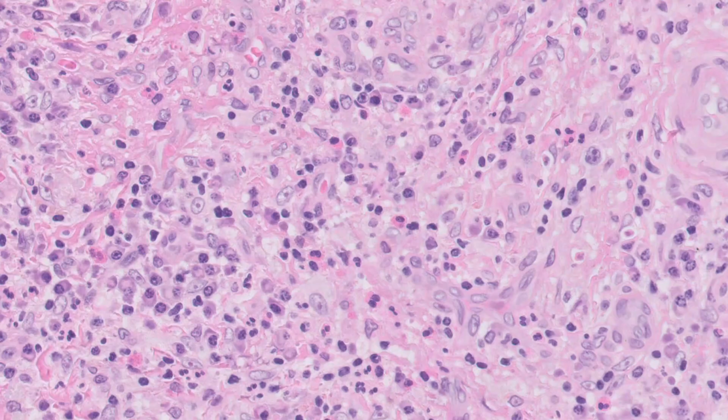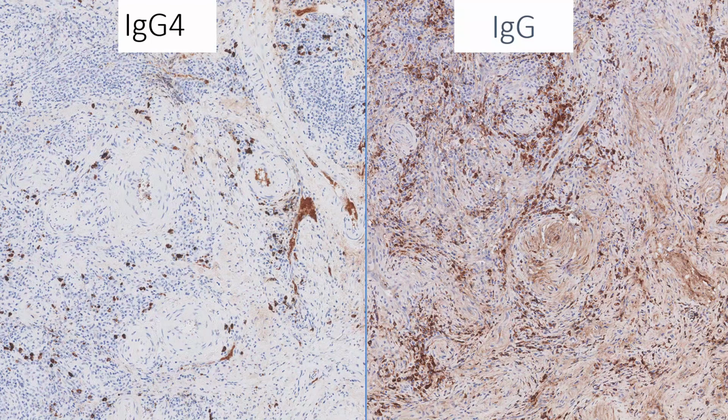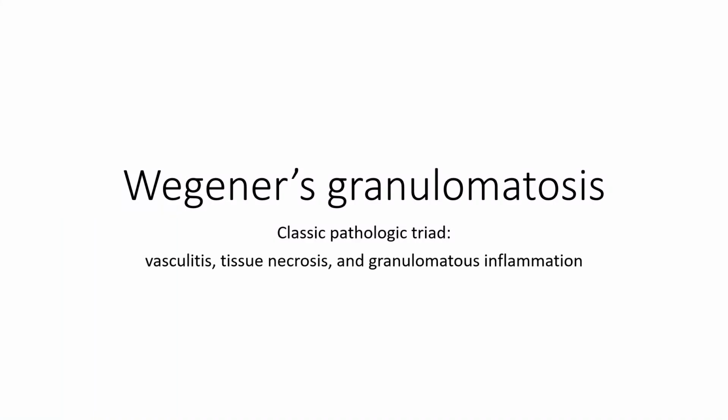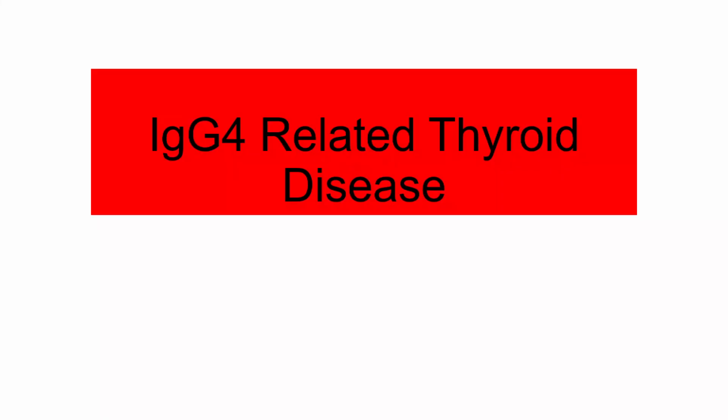You just see this inflammation, lots of plasma cells, eosinophils, and the pitfall always is that there is a significant increase in IgG4 positive plasma cells, although in this case the ratio isn't that high. So both these cases of Wegener's granulomatosis, you tend not to see this classic triad.